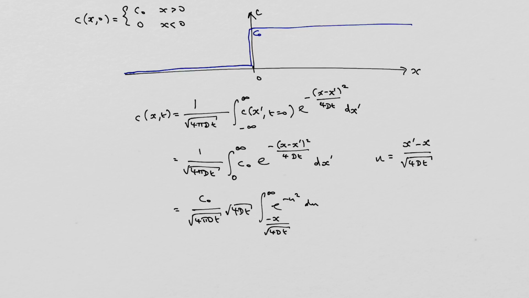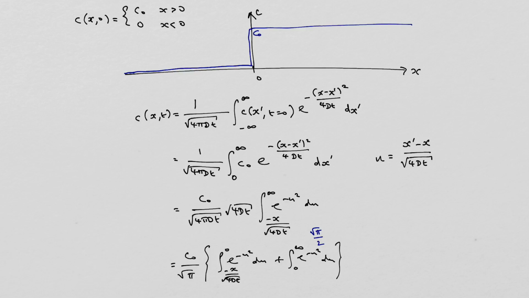Alright? Now that is c0 over the square root of pi. I'm going to split the integral up into one integral from the lower bound to 0, and then one integral from 0 to infinity. This one is square root of pi over 2.